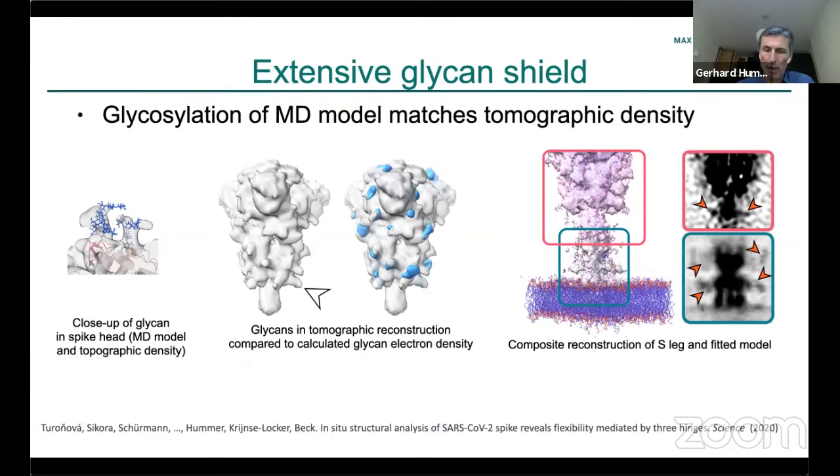These viral proteins are covered by an extensive protective shield of sugar-like molecules, and here on the far left you can see these are large glycans on the surface, and they fit very nicely into the electron density, both the single particle EM structures shown on the left and the tomogram shown here in the middle. And even in the raw tomograms, again, you can see very nicely a strong additional density decorating the surface of the protein.